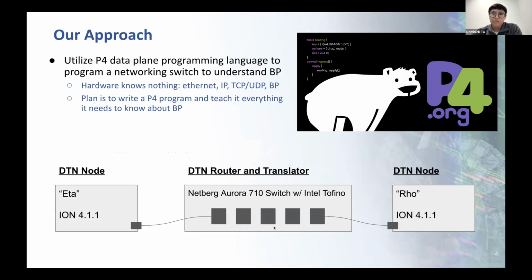Using the P4 language, we would create a data plane program for the switch using Intel's SDK, and we could program the switch to understand bundle protocol. In our configuration, we have two DTN nodes, Ada and Rho, both running ION and generating bundles. Our goal is to get this router to not only forward these bundles, but understand what is being passed into it at the bundle layer, which is currently not possible.